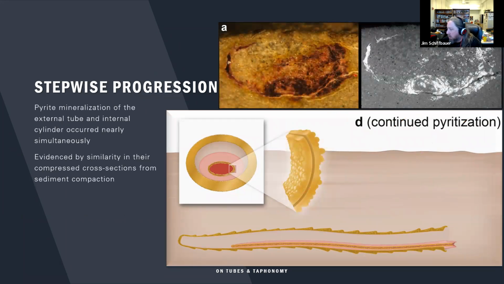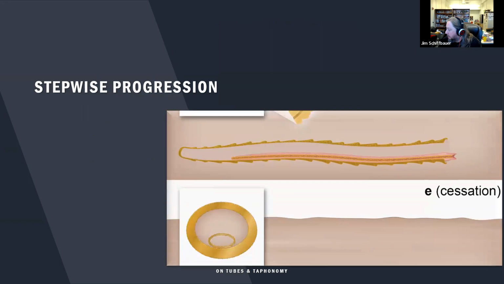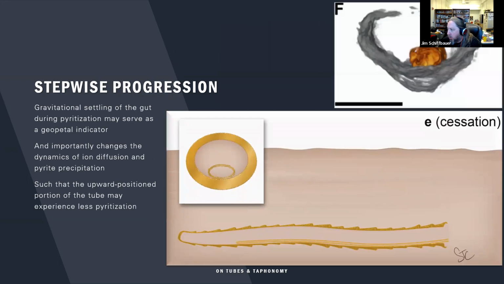And we actually see that the compression affects both the outer wall and the gut wall approximately the same. So we think this happened prior to sediment compaction because they were compressed at approximately the same rate and same shape. And then finally, we have cessation when sulfate reduction runs out, or sulfate runs out.